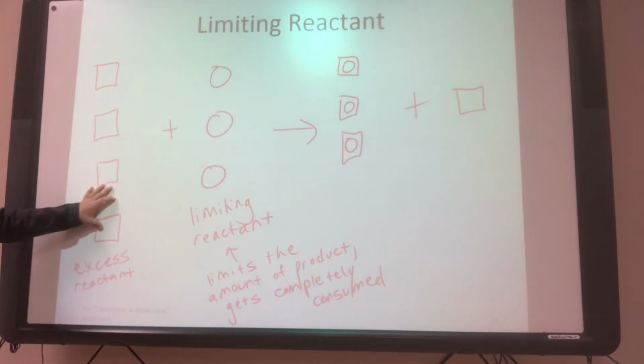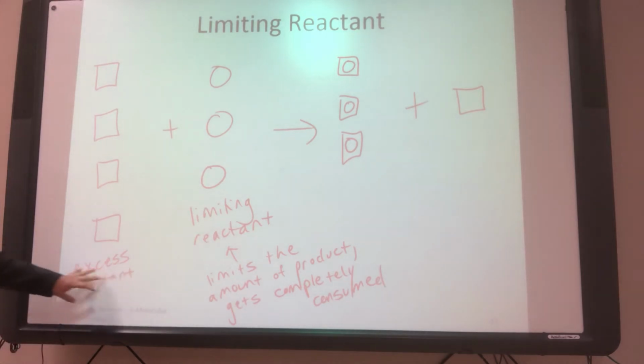Whereas my excess reactant, I'm going to have some left over, so it's not completely consumed. Now, this is what I was trying to make, so this is called my theoretical yield. This is how much I theoretically should make. Those are my new terminology.